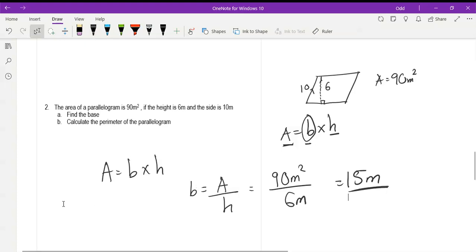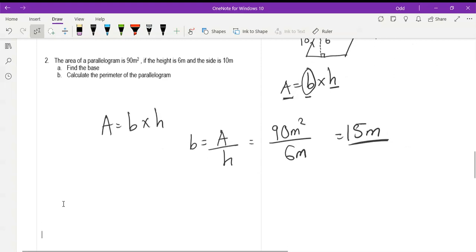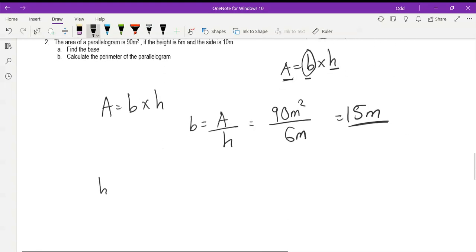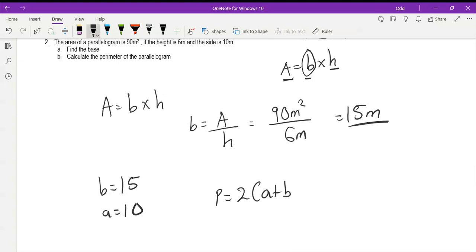And then calculate the perimeter of the parallelogram. We have our base now, which is 15, and the other side, which is 10. So P will be 2 bracket A plus B. That will be 2 times 10 plus 15.